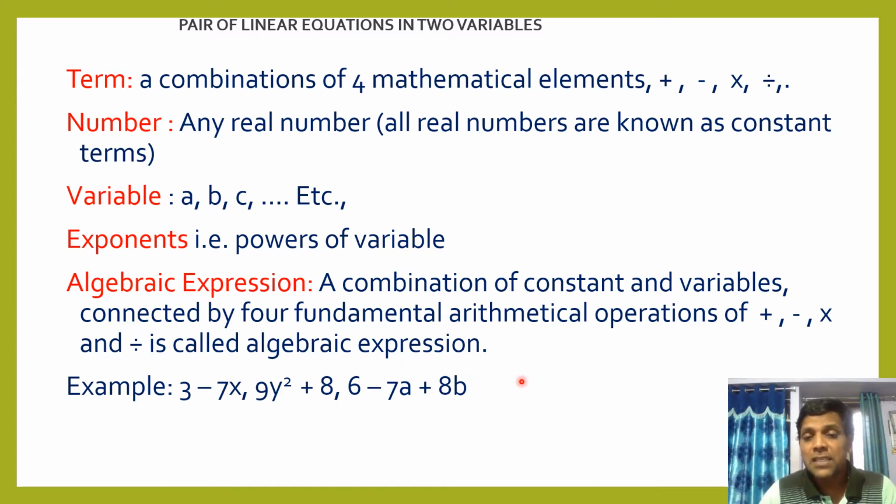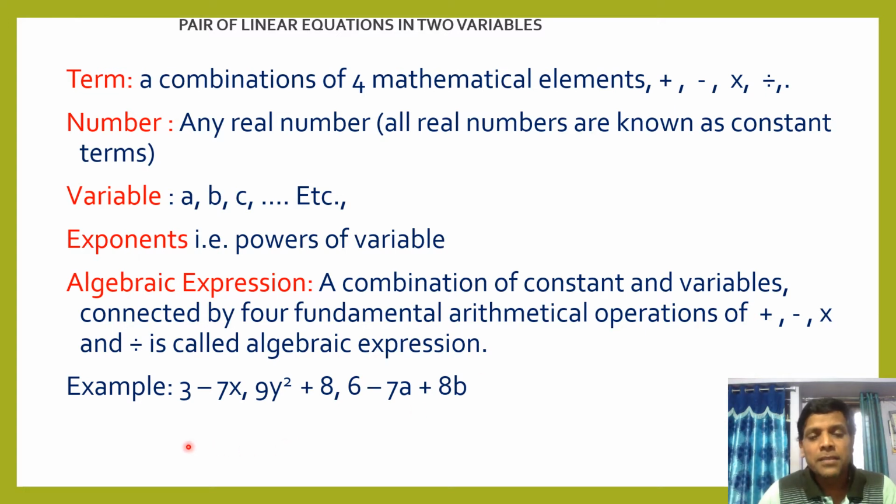Are you clear? So a constant means numbers and variables means letters or literals, connected by four fundamental arithmetical operations, like plus, minus, into and divide by. So is called algebraic expression.